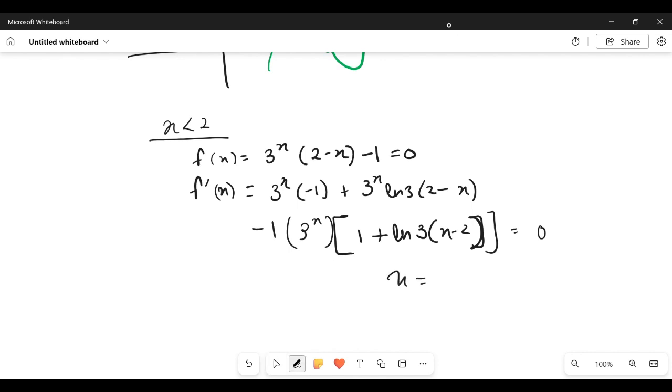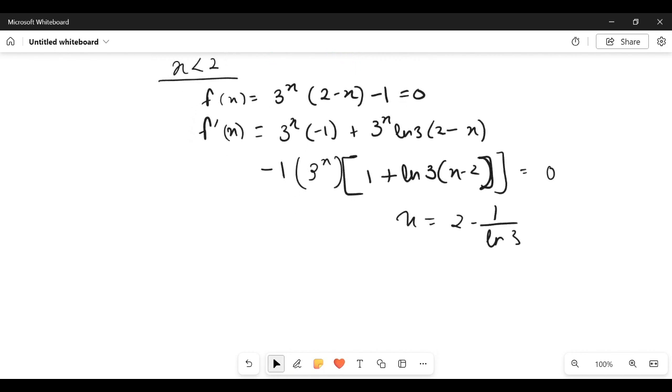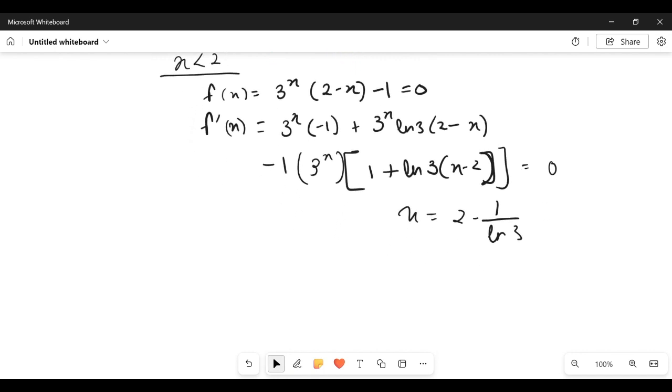That happens at x is equal to 2 minus 1 by ln 3, right?